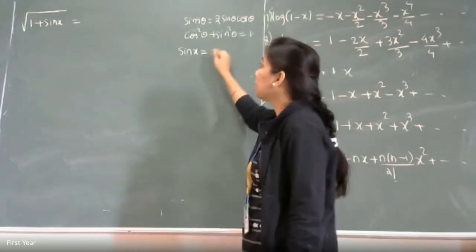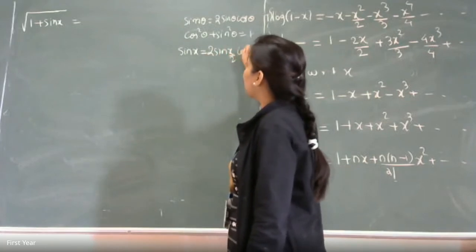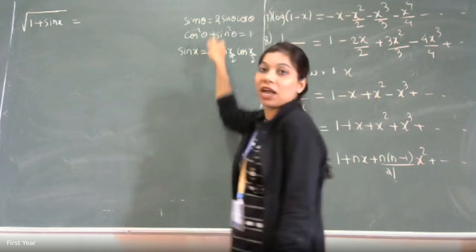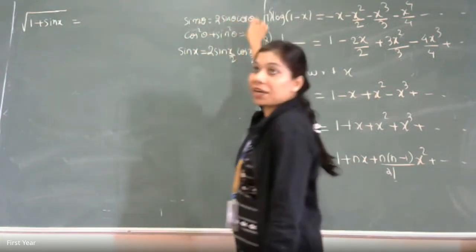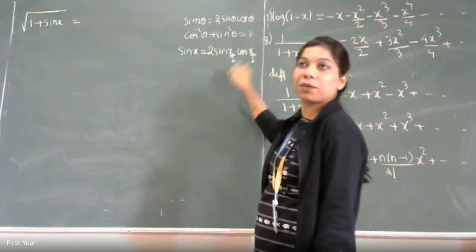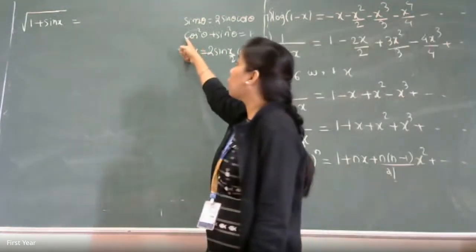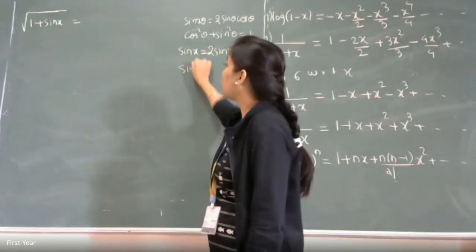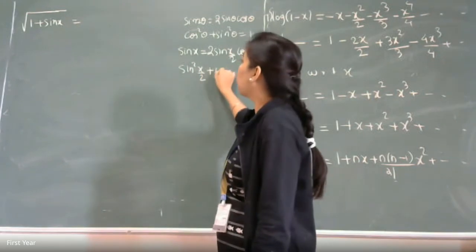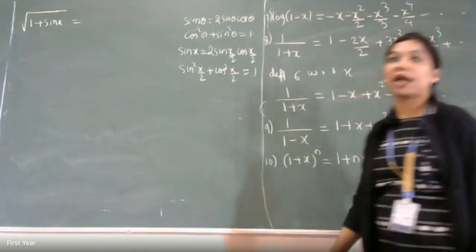Yes, ma'am. So sin x is nothing but 2 sin x by 2 cos x by 2. Is it okay? This formula I have used here. Here it was 2 theta, so I got theta and theta. Now it's just x, so I get x by 2, x by 2. And that's why I can use sin square x by 2 plus cos square x by 2 is equal to 1, so that it will become a complete bracket square.